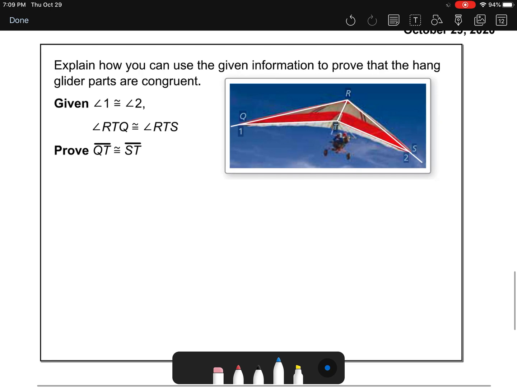Okay, the last one. Explain how you can use the given information to prove that the hang glider parts are congruent. Now here's a neat story. I grew up in a town out in north central Kansas near a lake, the biggest lake in Kansas, Lake Wilson. And we had hang gliders out there all the time on the weekends. It was unreal.